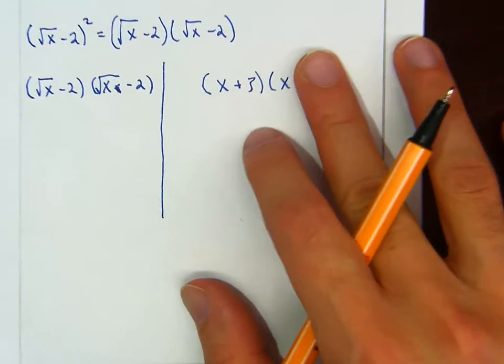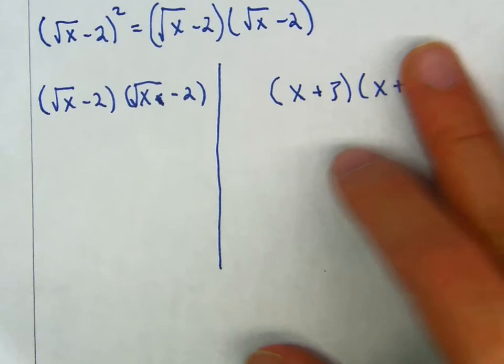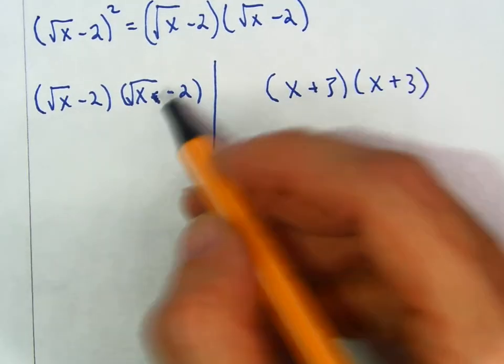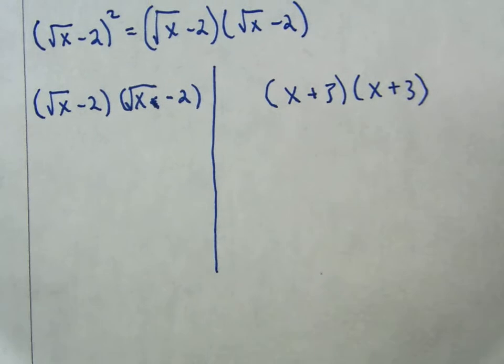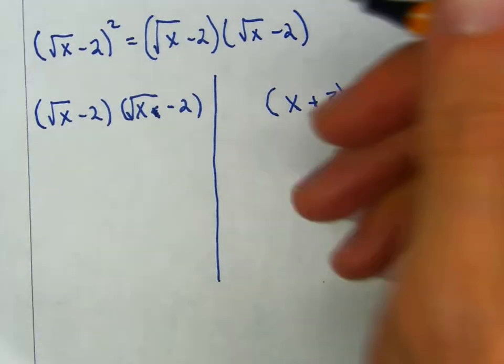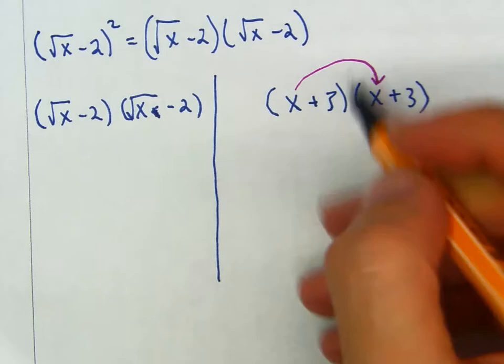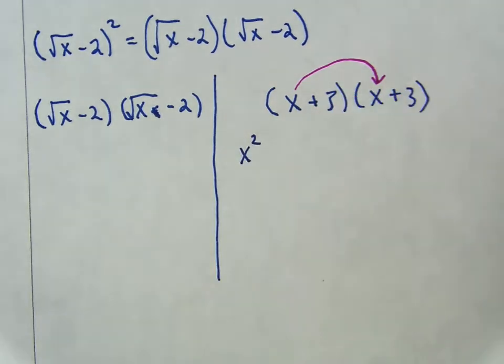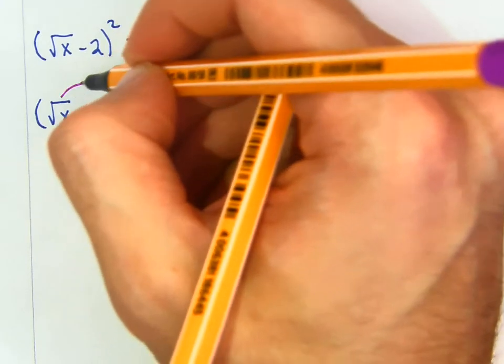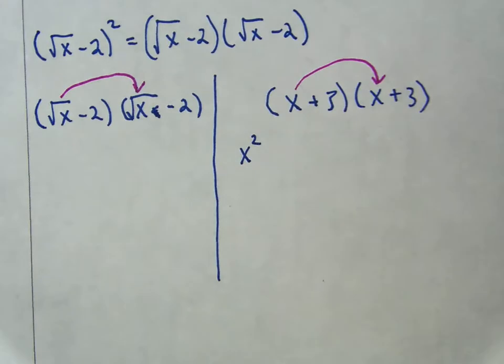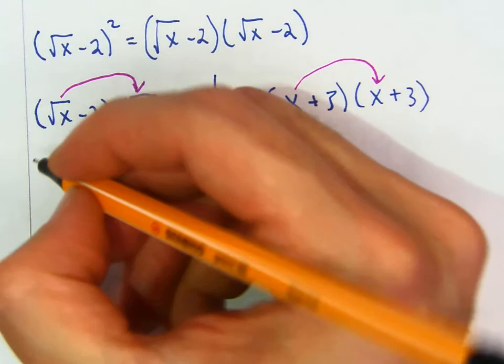So let's just take a look at this. Here, this is square root of x minus 2 times square root of x minus 2. Now draw the lines of how you would solve this. What would be the first move? You do x times x, so that is x squared. Here, we're doing square root of x times square root of x. So now notice we need to write this out.